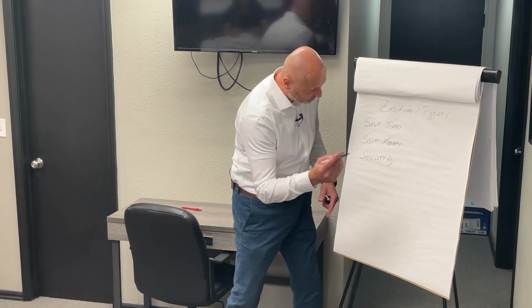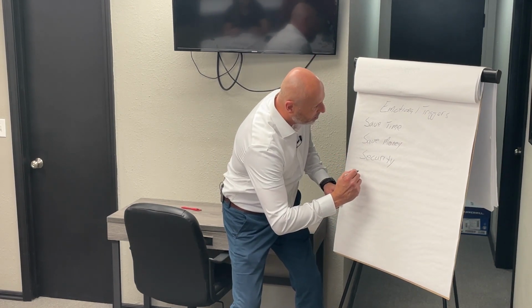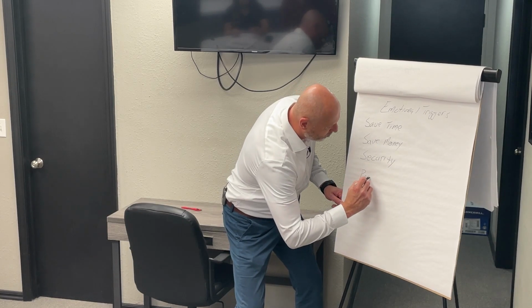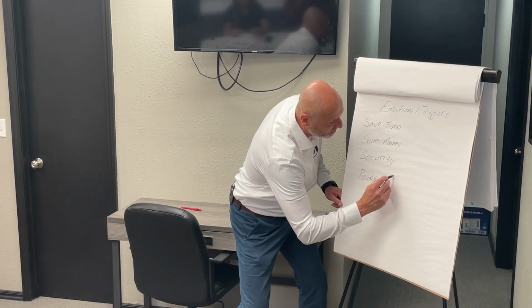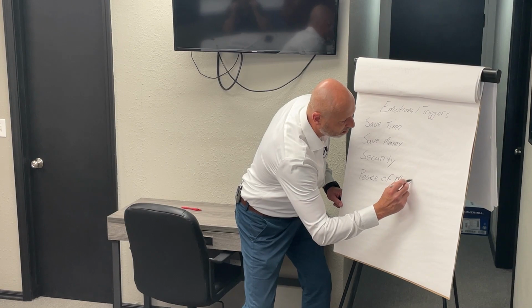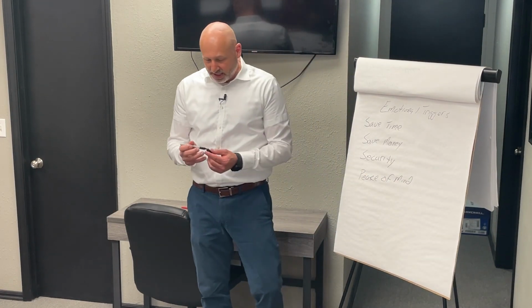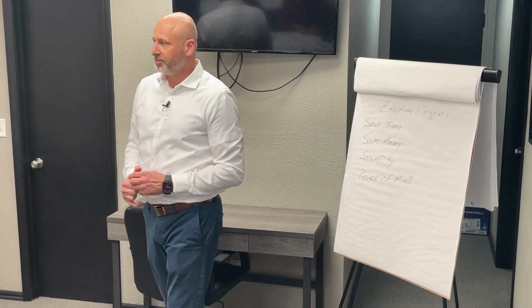There's a lot of features, house features, stuff like that. Anyways, peace of mind. Or another way of saying it is confidence. People want to feel confident in the decision they're making. I want to have peace of mind with this.